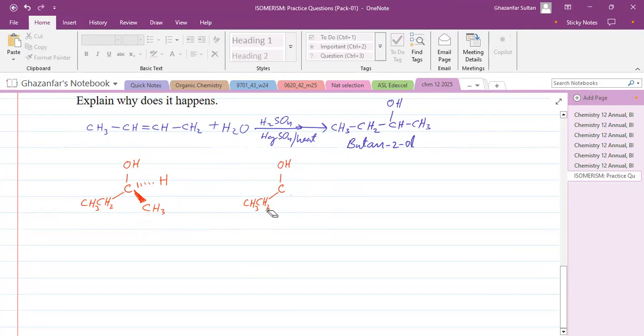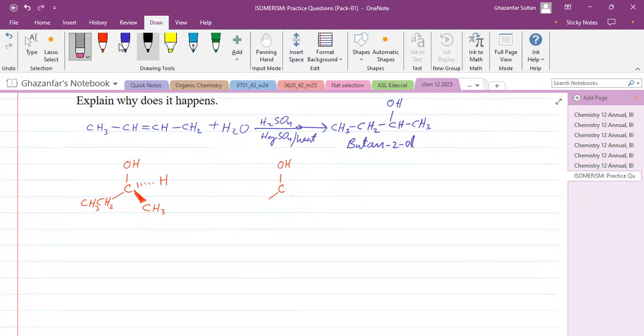This group will come forward. CH3 must be there, and hydrogen is here.